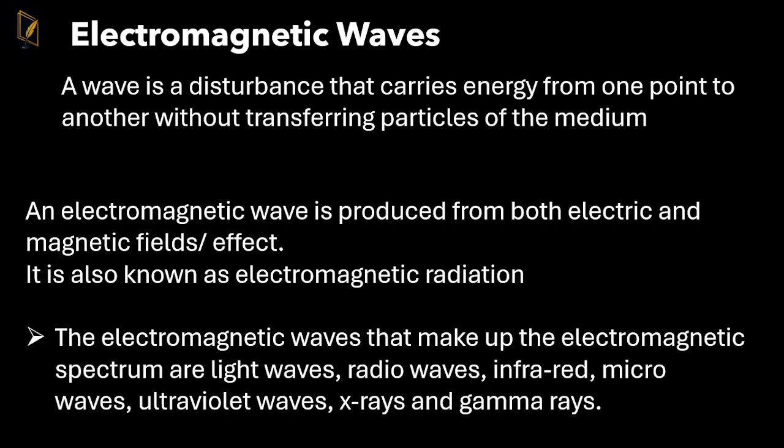Electromagnetic waves are also known as electromagnetic radiations. Examples of electromagnetic waves, which are included in the electromagnetic spectrum that we are going to look at, are light waves, radio waves, infrared waves, microwaves, ultraviolet waves, X-rays, and gamma rays.